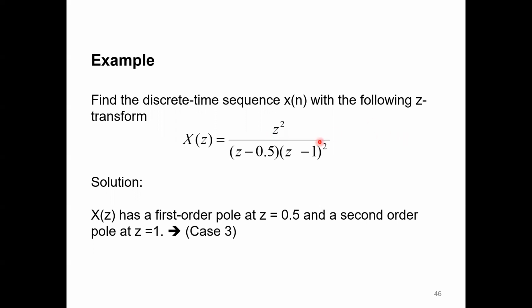We figure out that there is a multiple pole here, a repeating pole at z minus 1. The pole at 1 is repeating twice. So when we break this down into partial fractions, it's slightly different from what we have done already. This is case 3, actually.